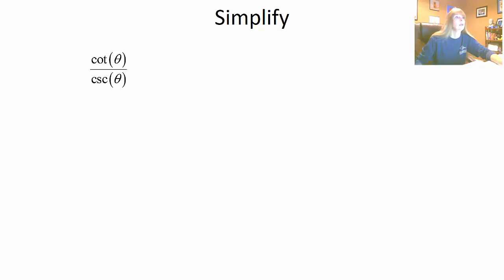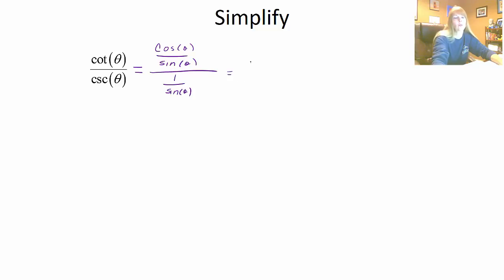Get my pen, get my ink color. The very first thing I said is always turn everything into sines and cosines. The first thing I see is a cotangent, which is cosine over sine, and then I see cosecant, which is 1 over sine.